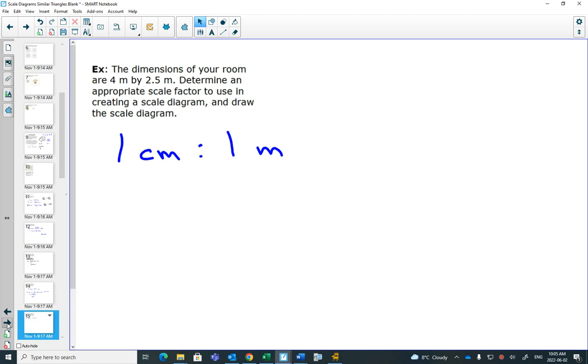If you ever want to design something, like in our house right now, we decided to refinish our basement, and I drew the whole basement out by scale on graph paper so that I knew all the measurements exactly where they were. So when the house was built and I wanted to put a shelf, it fit perfectly.